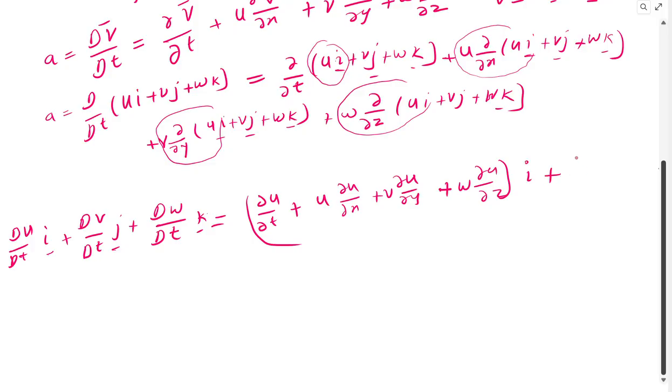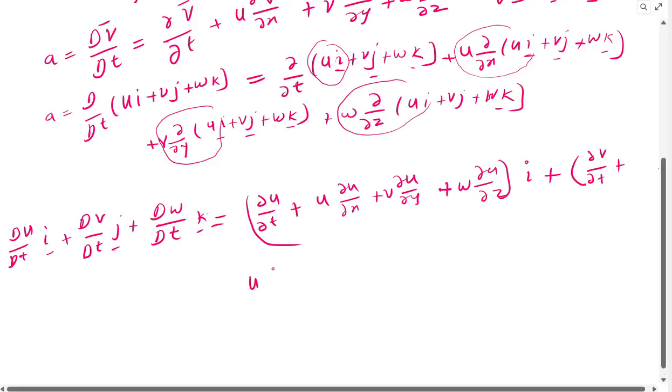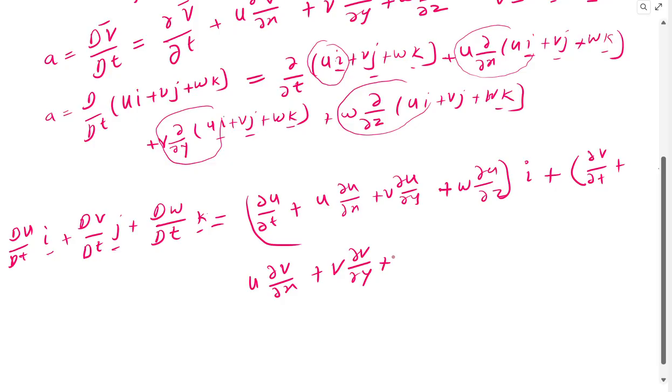Plus similarly, I'm separating the y term, the j term, right? So del v by del t plus u del v by del x plus v del v by del y plus w del v by del z, into j.